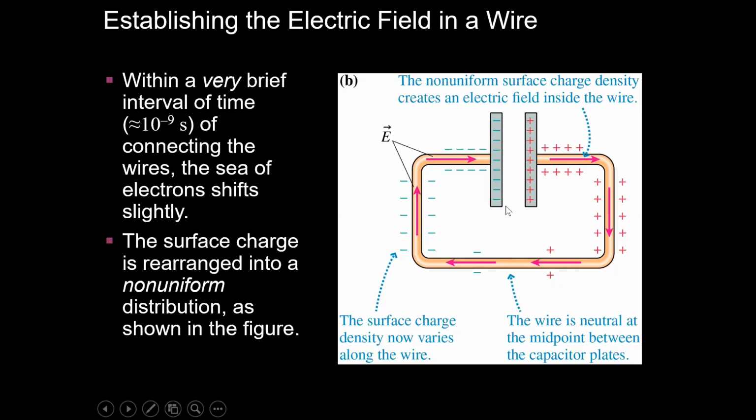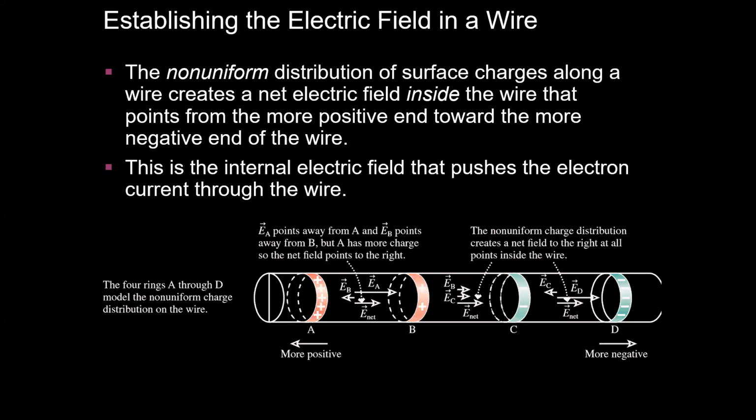Starting at the negative plate on the left, you see a very large negative surface charge density on the wire near the plate that gets smaller and smaller and eventually goes to zero right in the middle. After it passes through the middle, you see a positive surface charge density get bigger and bigger until it reaches the charge density on the plates. And that surface charge density, which is variable and not constant, creates an electric field inside.